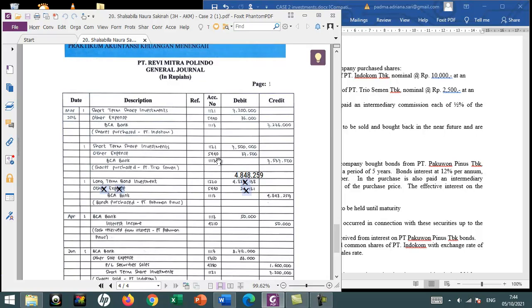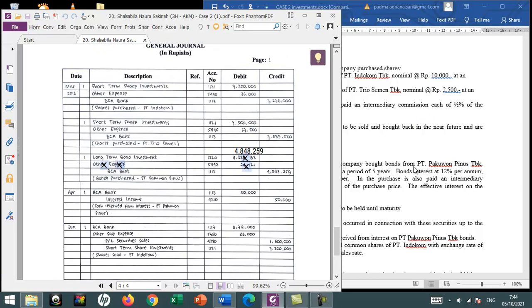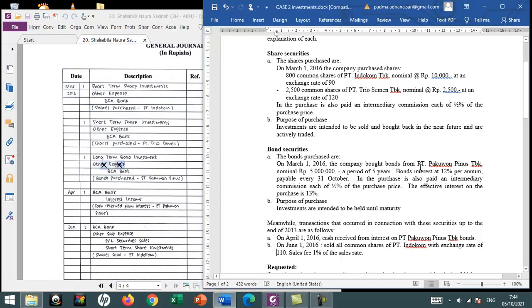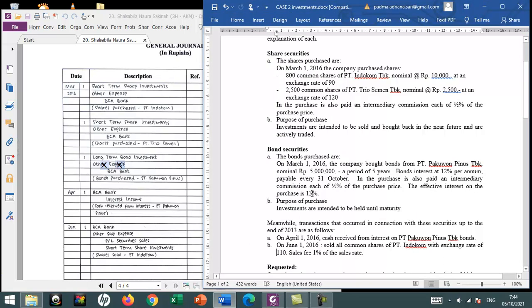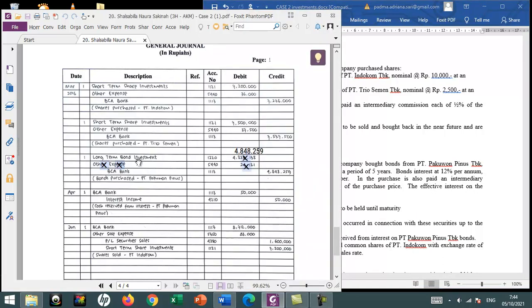Okay, and then for the purchasing of bonds. Okay, so for the purchasing of bond, there is also commission fee, but in bond journal you don't need to separate the commission fee to other expense, but you just put together with the long-term bond investment.